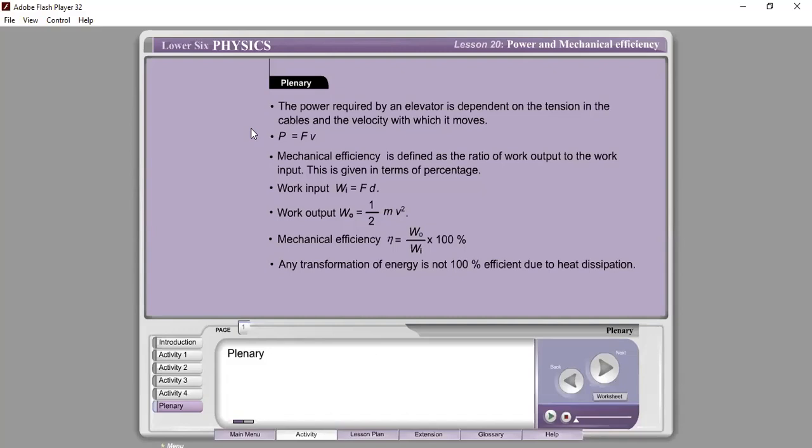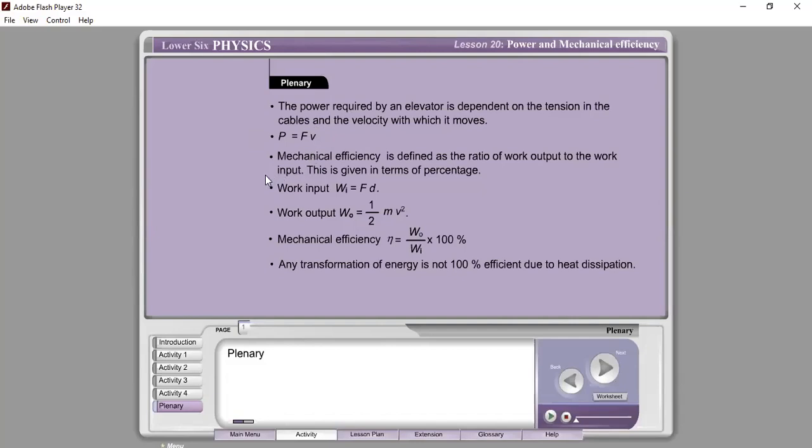For an object moving with constant velocity and a constant force, P equals Fv. That means there will be no change of the speed, constant speed.